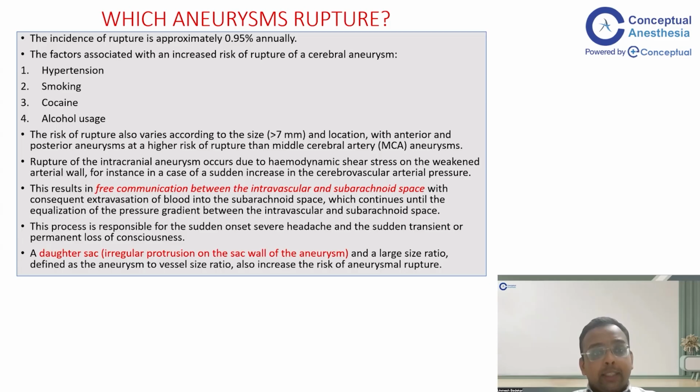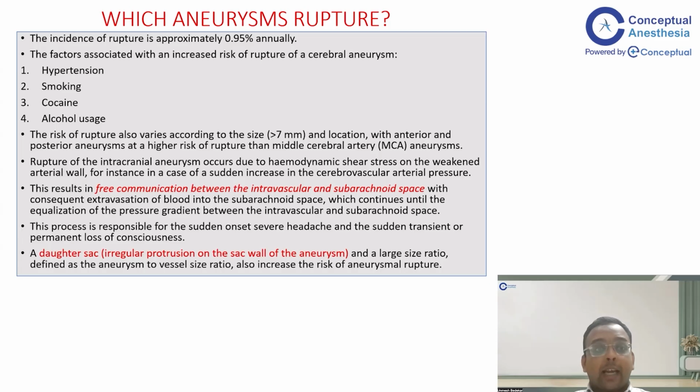This process is responsible for the sudden onset severe headache which the patient complains of, or the sudden transient or permanent loss of consciousness. There is a terminology called a daughter sac, which is technically an irregular protrusion of the sac wall of the aneurysm, and this may also rupture.